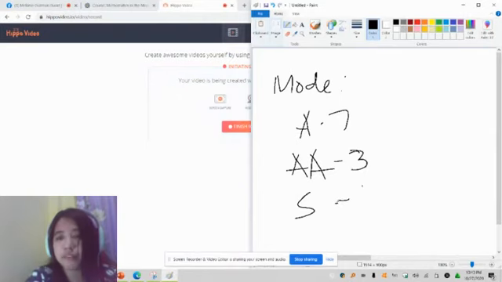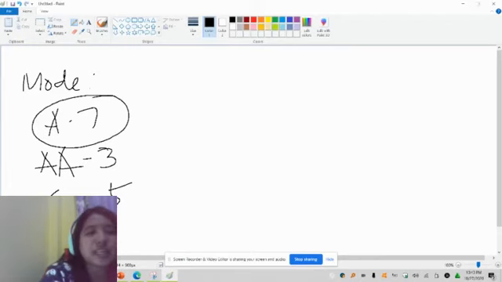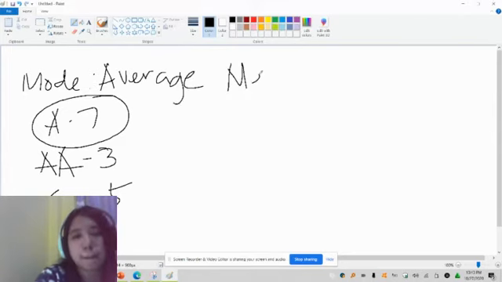So 5 superior. Then let us double check that this is equal to 15. So 7 plus 3 plus 5. So what is the mode? The highest frequency is average. So the mode is average.